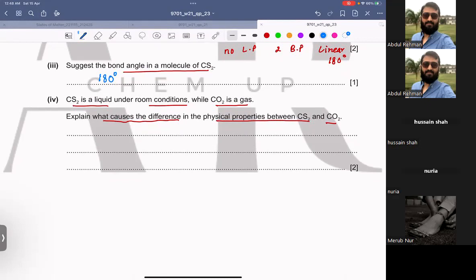Very good. So we can write that CS2 has more number of electrons.